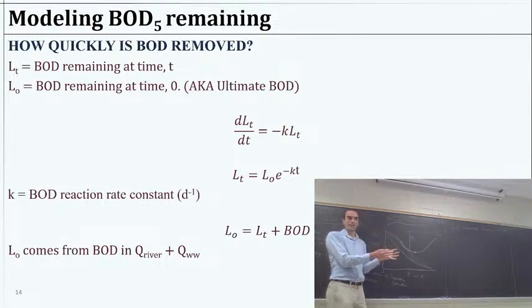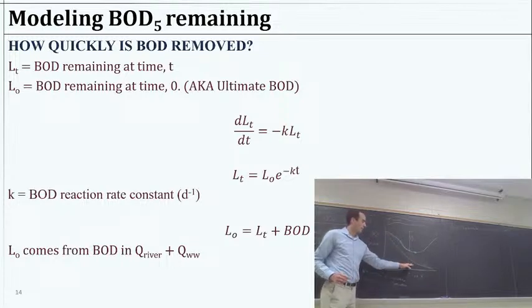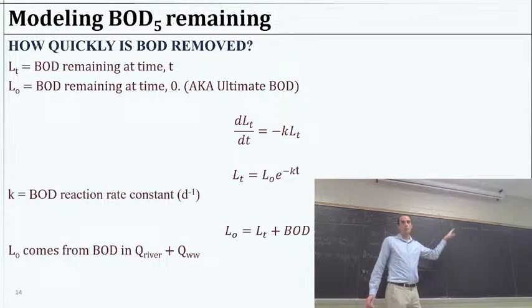That's a 5-day thing. We can measure the amount remaining after 5 days, but that's saying we wait 5 days and then do a 5-day BOD test, right? So try not to get too confused here. What we're saying is this is the amount of substrate remaining in the water after some amount of time that biological activity has been happening.